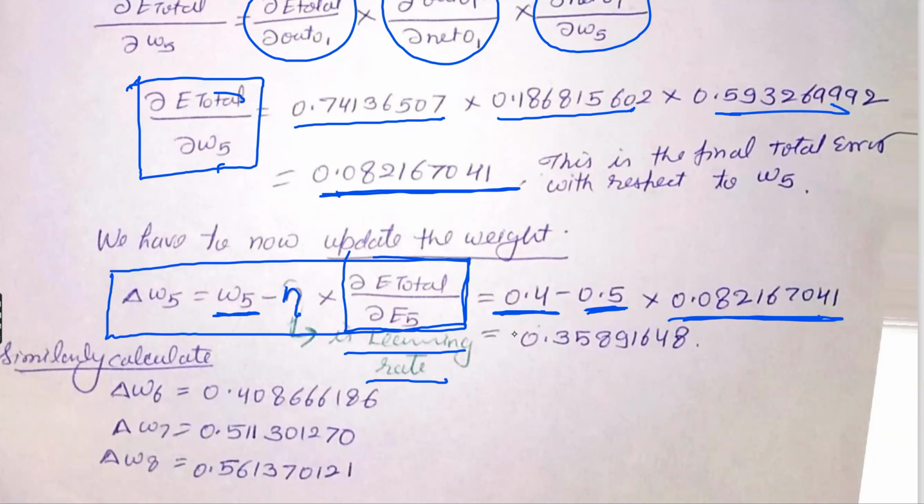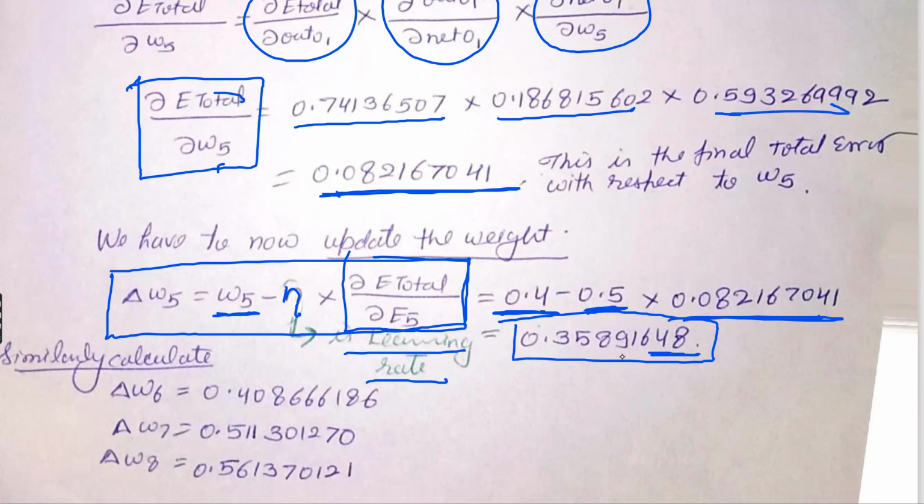So now 0.3589168 is the updated weight value of W5. Earlier the weight was 0.4 and now the weight of W5 is this.